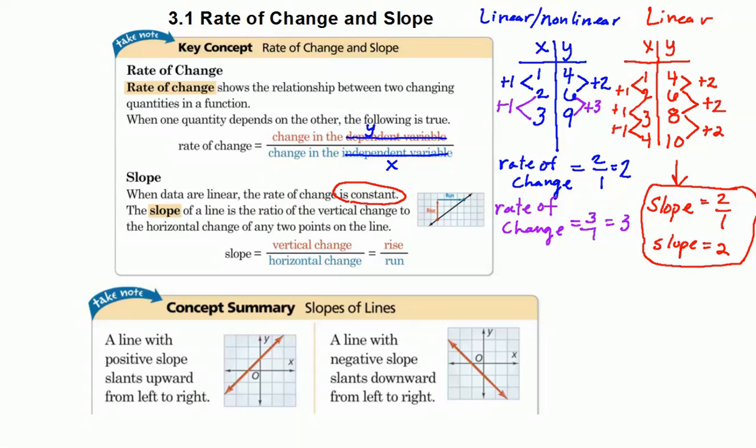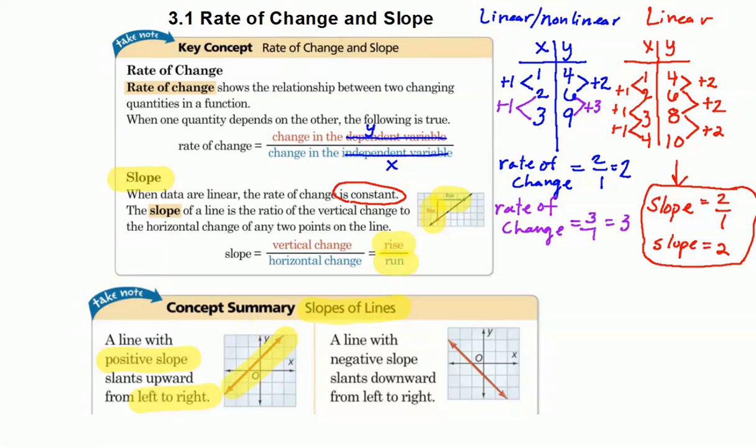Now, another thing that you need to understand is that slope is really rise over run. Since it's constant and it's going to be linear, you're going to have the rise and the run associated with that slope. Now, moving on to other things that you need to know. When it comes to slope of lines, a line that is moving up from left to right, if it's moving upward, is considered a positive slope.